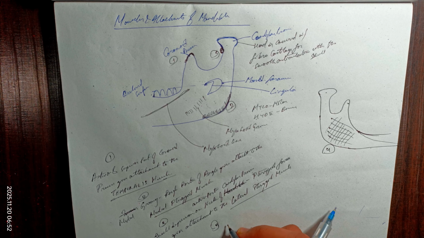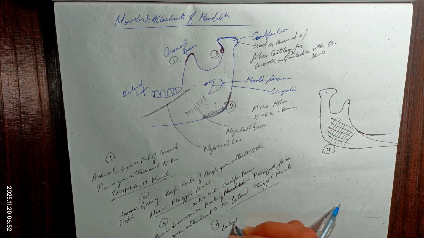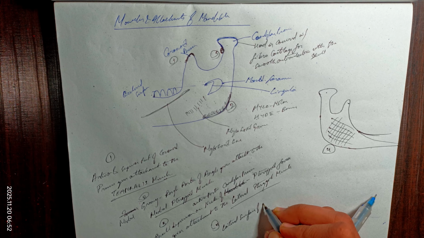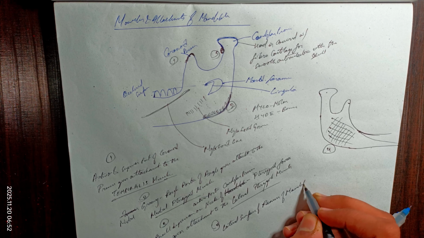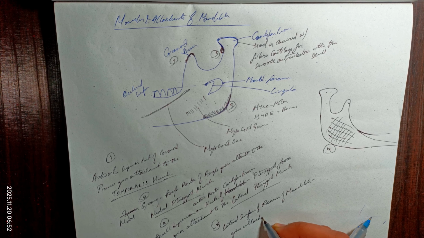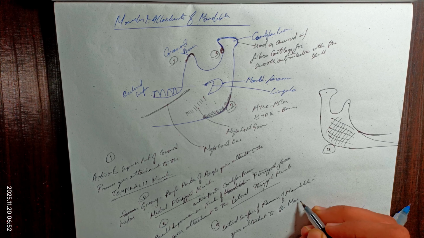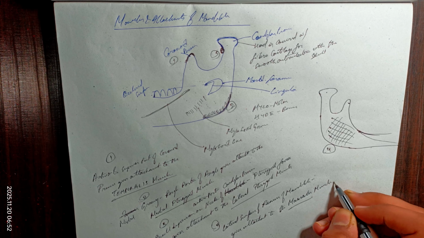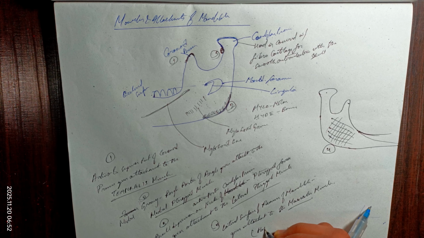The lateral surface of the ramus of the mandible gives attachment to the masseter muscle, mainly used for mastication.